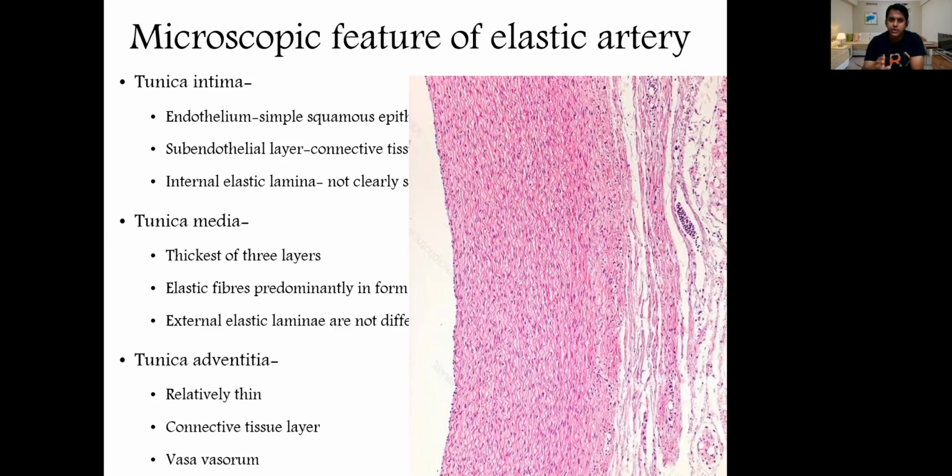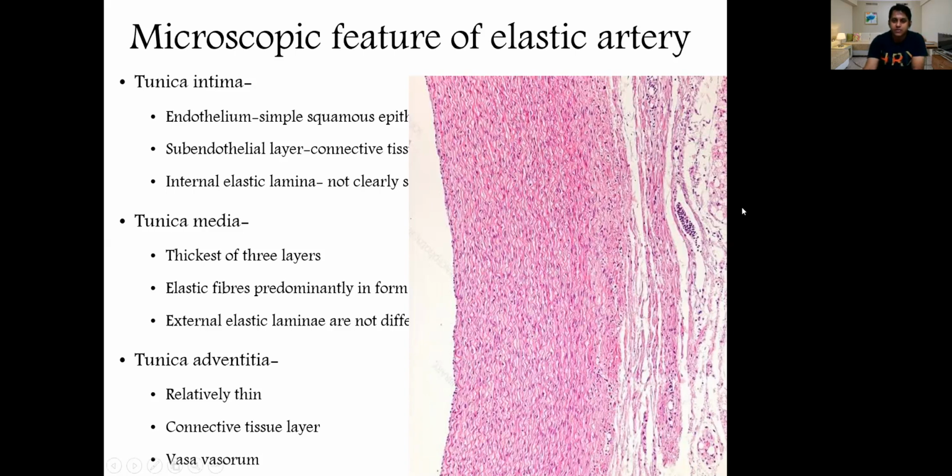So predominantly they are having the elastic fibers. Outside the tunica media, or the outer coat of it, you may find the external elastic lamina, which is not differentiated. Again, the reason is the elastic nature of the tunica media.